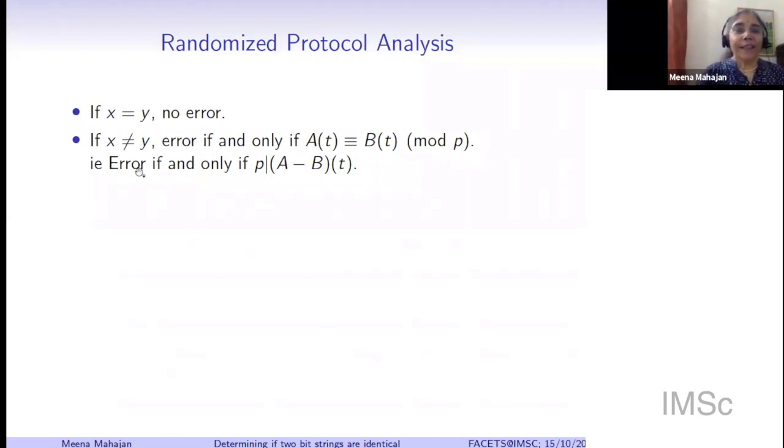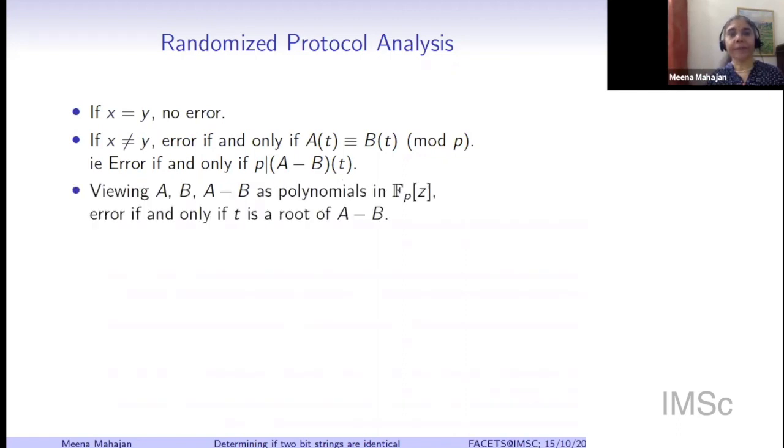So there will be an error if and only if p divides the value of the polynomial a minus b at the evaluation point t. So if we view a, b, a minus b, all of these as univariate polynomials over the finite field of characteristic p and of size p.